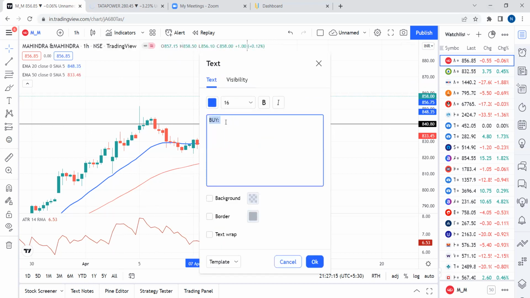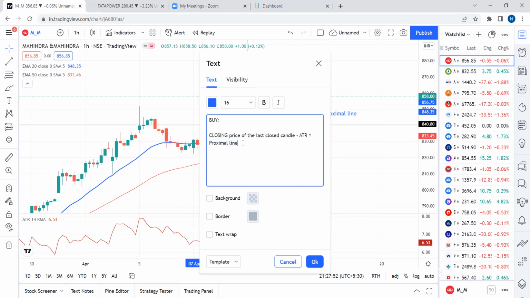Whenever we calculate the buy call, whenever we calculate the entry, the closing price of the last closed candle minus ATR will give you the proximal line.